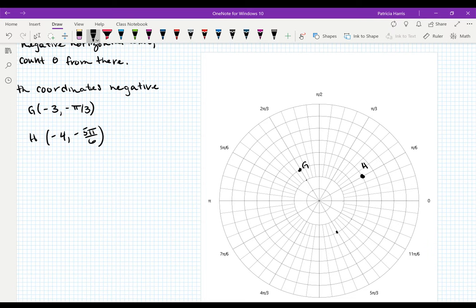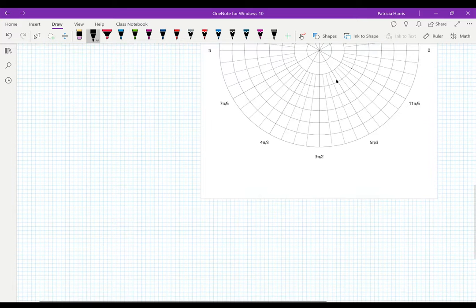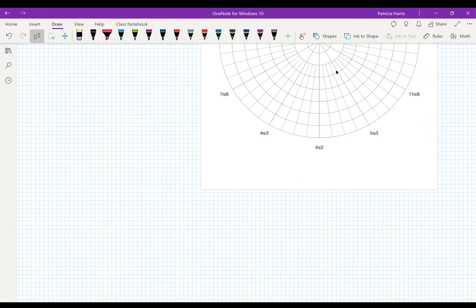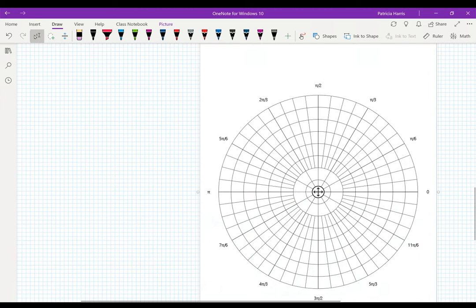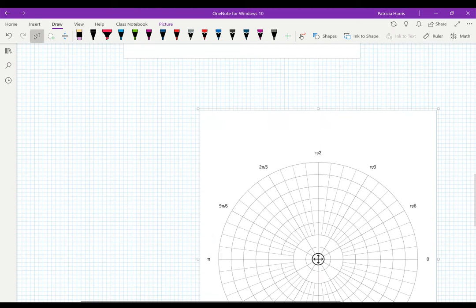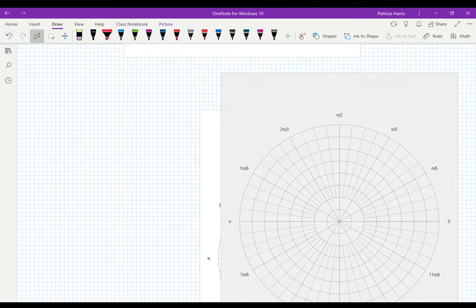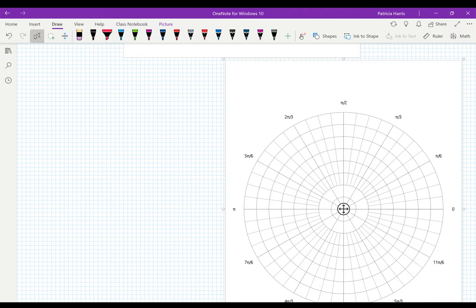Now let's talk about some basic graphs. The two most basic graphs you can have with a polar are your R graphs and your theta graphs. If you have R equals just any number, you're basically graphing a circle.